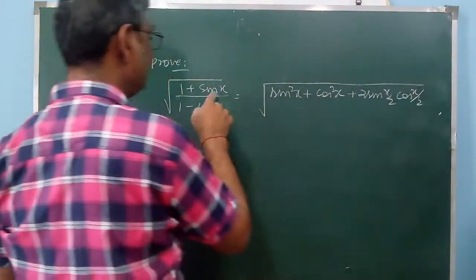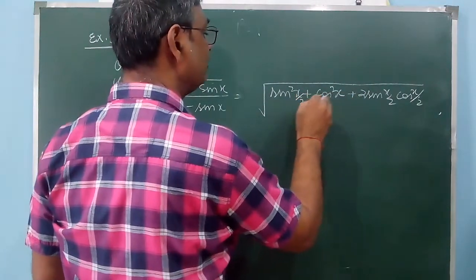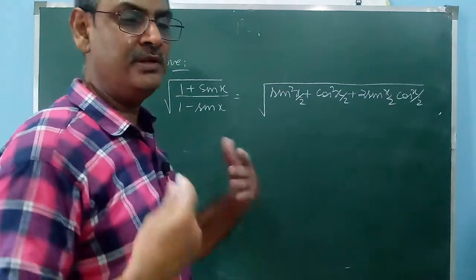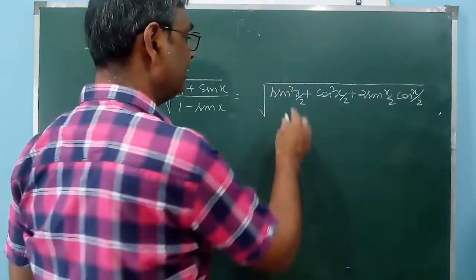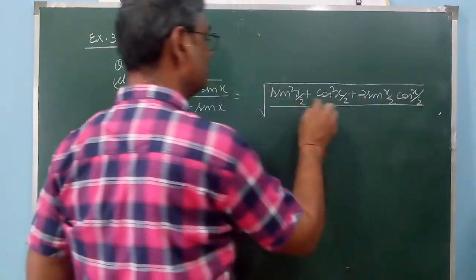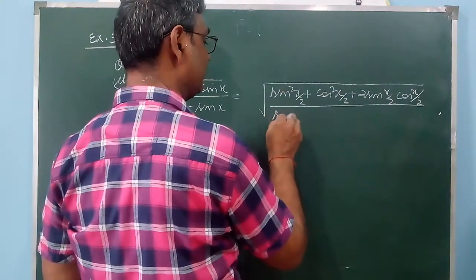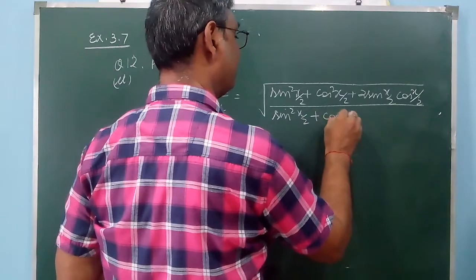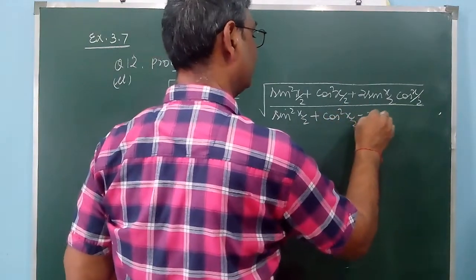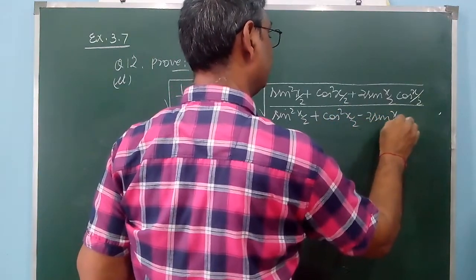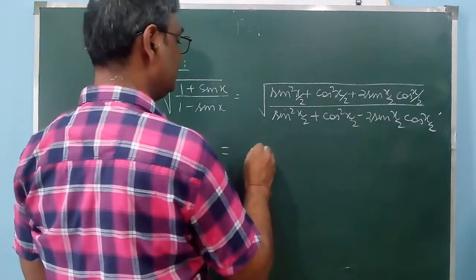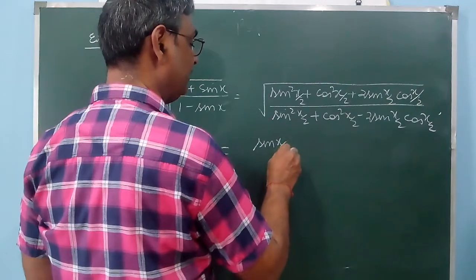Because this is x by 2 here, so here also I will use x by 2. When it is 1 we can use x by 4, we can use x by 2, whatever the angle is, but here it should be sin square x by 2 plus cos square x by 2. This is the whole square formula.